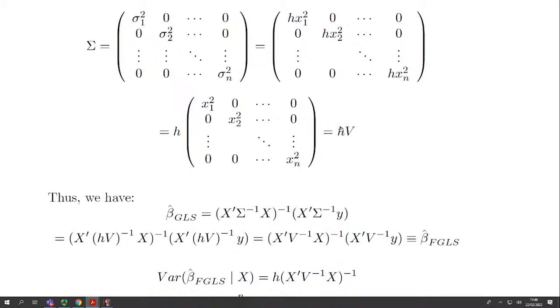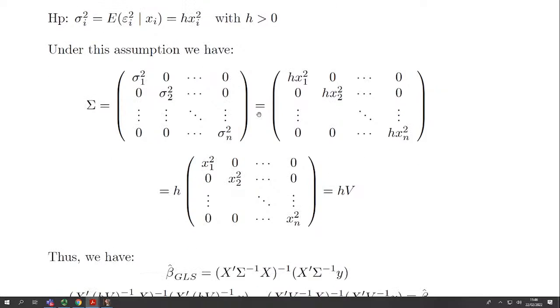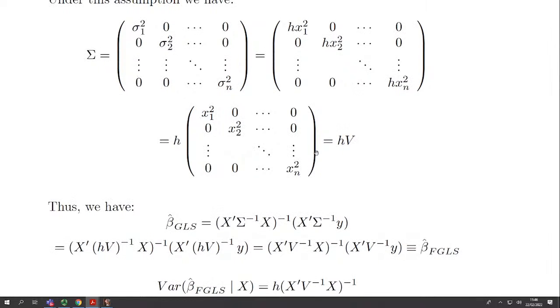The only unknown element is the scalar h, the proportionality factor: in my hypothesis, the variance of household i is just a proportionality factor times the square of the log of total expenditure. I plug in this expression, replacing the big sigma in the GLS formula, and I compute a feasible GLS estimator.